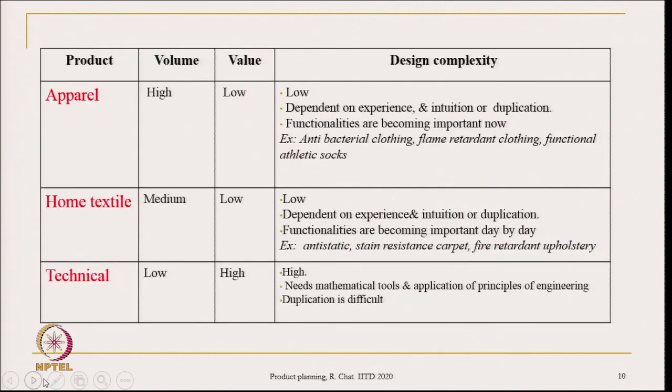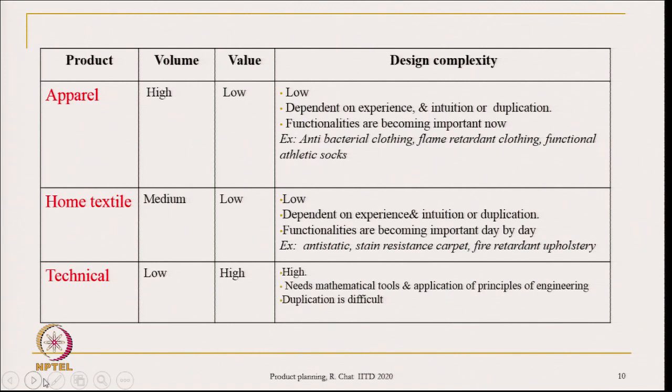Now, I have given some examples so that these aspects become very clear to you, like apparel products. We know that earlier we categorized the products into apparel. Now, volume and value and design complexity wise, where do you place them? Apparel products volume wise is very high. So, the majority of the textile is going into making apparel products.